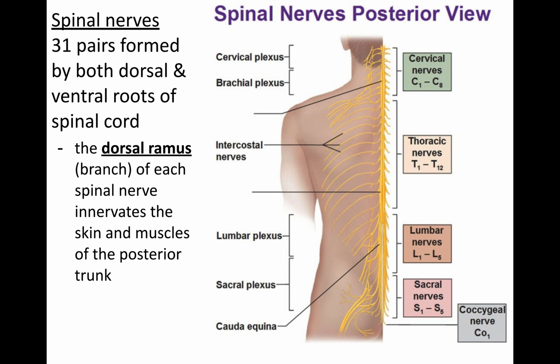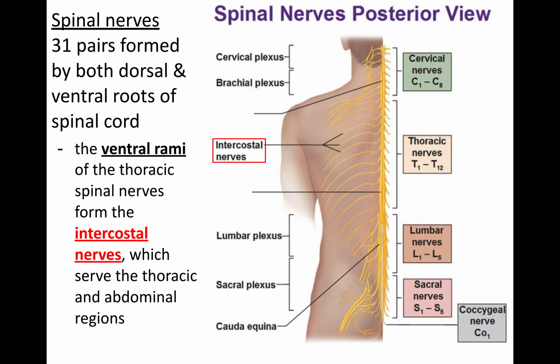Okay, so the spinal nerves, there are 31 pairs that are formed by both the ventral and dorsal roots of the spinal cord. The dorsal ramus of each spinal nerve tends to innervate the skin and muscles of the posterior trunk. So the dorsal ramus, the back side, tends to be associated with innervation affecting the backside of your body, right?